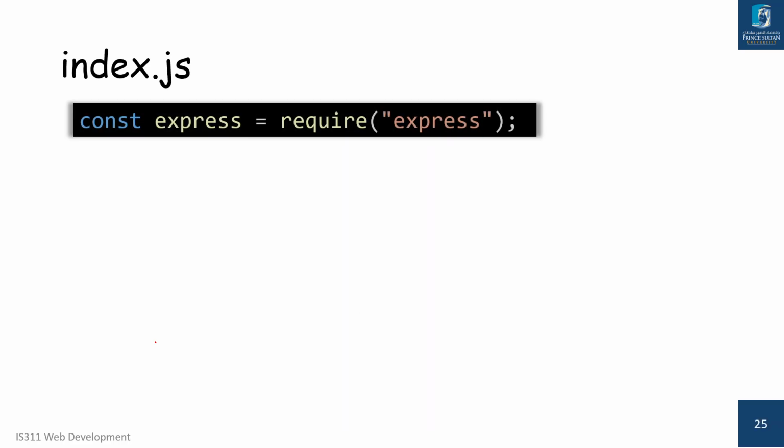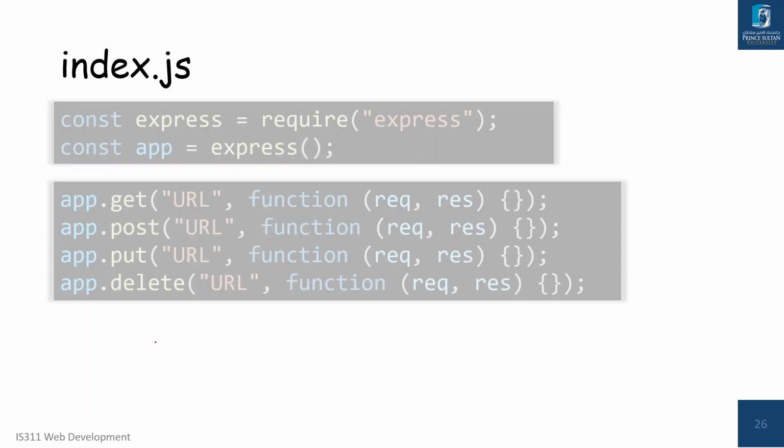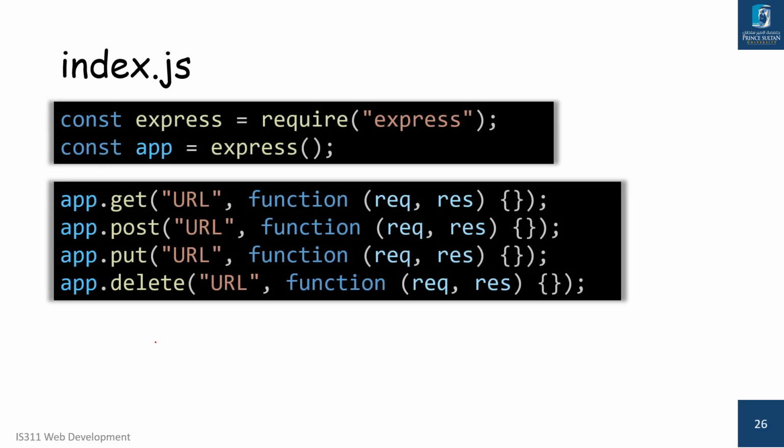So we have imported Express, and we have created that application as well. Now we need to implement the different types of requests. We have the get request, post request, put request, and delete request. In Express, they have implemented methods with the same names: get, post, put, and delete.